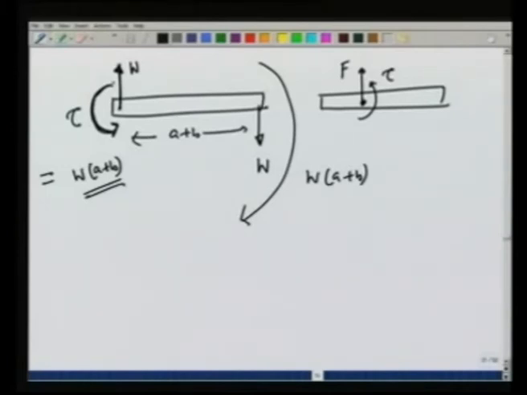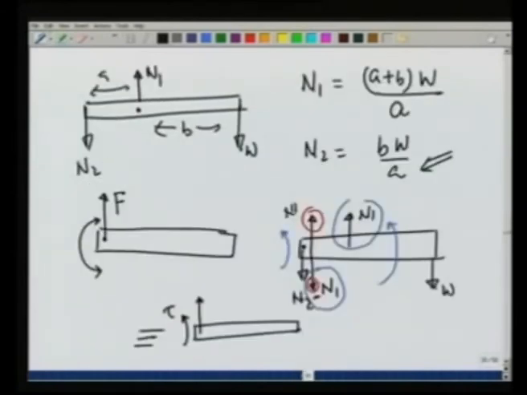You notice that with A plus B increasing, if A plus B is large, this torque is going to be larger and larger. It is actually better understood if we go back to this slide and see if A is large.